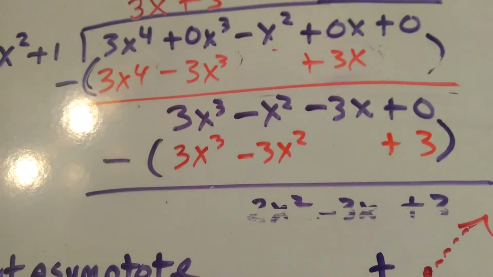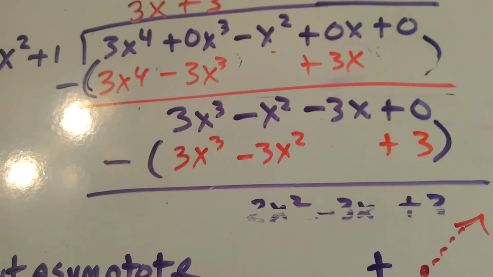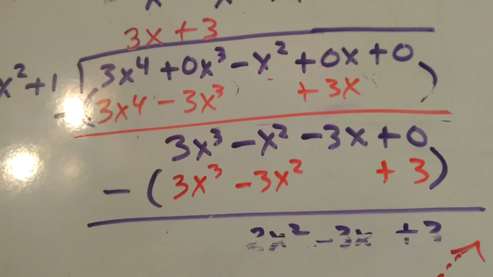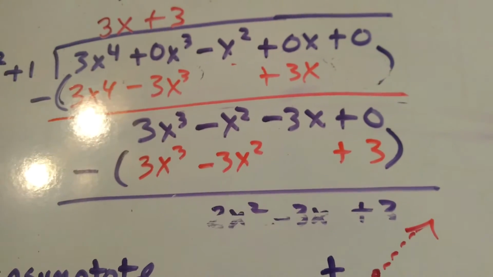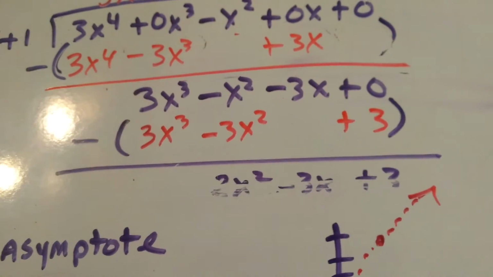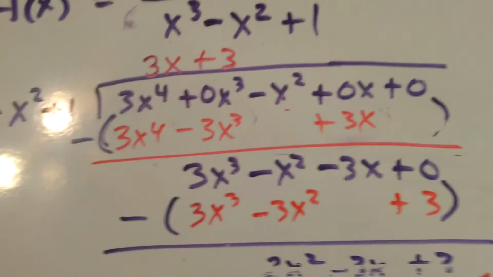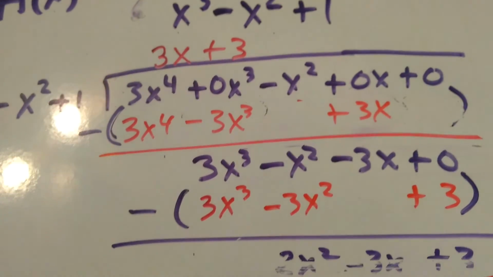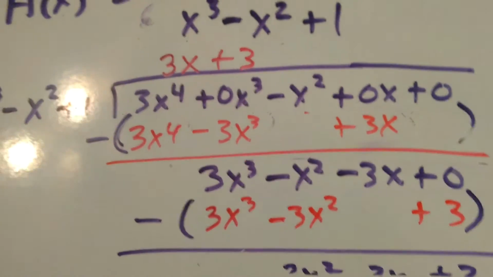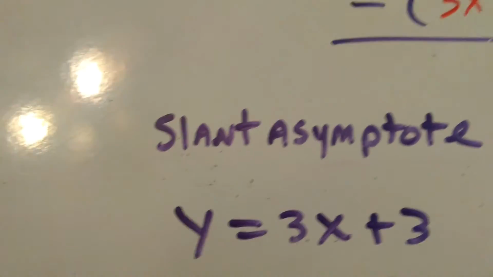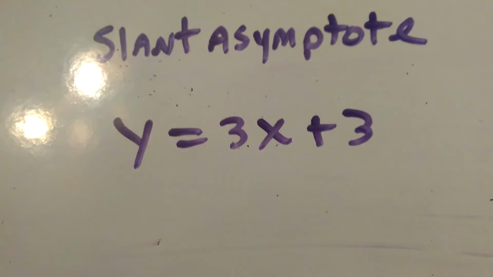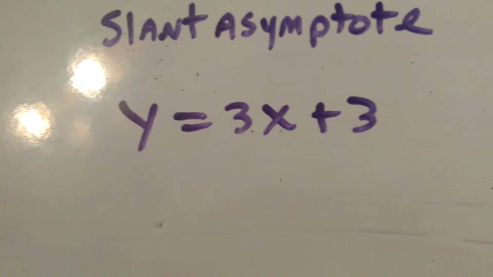We get 3x cubed minus x squared minus 3x plus 0. We then multiply by 3, and we get 3x cubed minus 3x squared plus 3. We subtract it. We don't need to go any further, because once we get an equation in slope-intercept form, this would be y equals 3x plus 3, which I've written here, this becomes a slant asymptote.